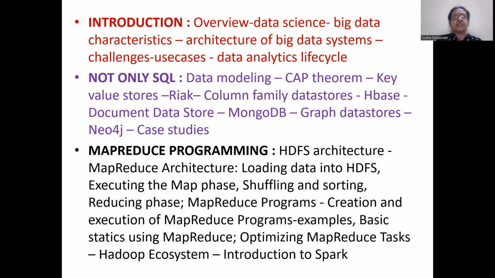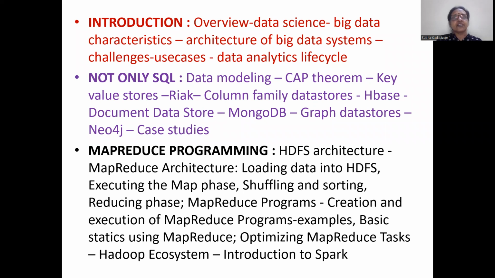The second unit discusses the 4 basic NoSQL systems, not only SQL systems. They are key value systems, column family data stores, document data stores, and graph data stores. Sample case studies are seen in this second unit.